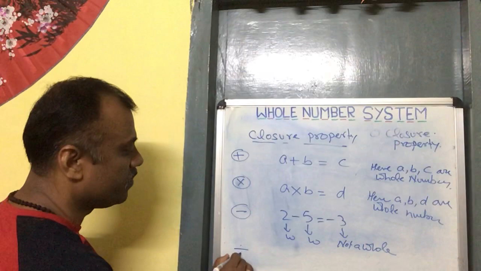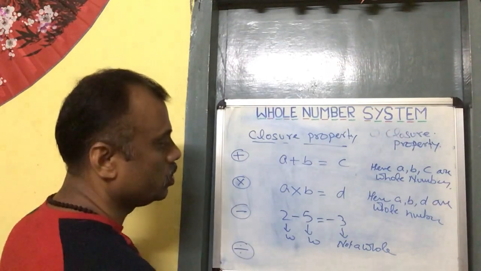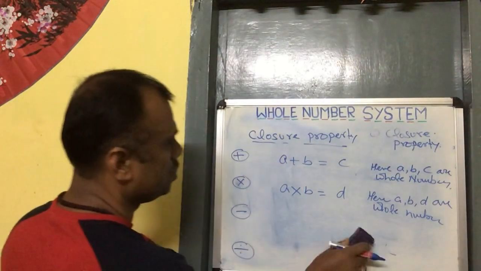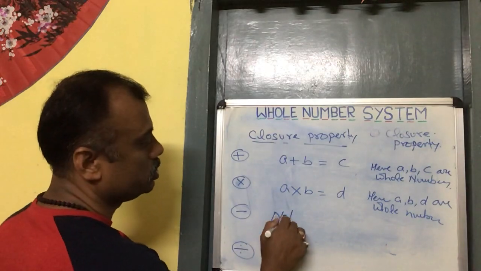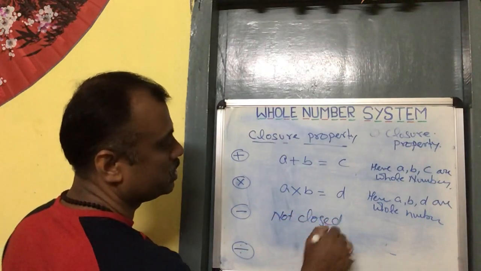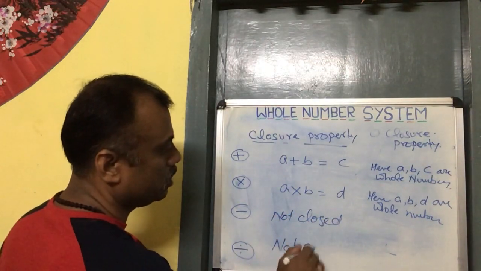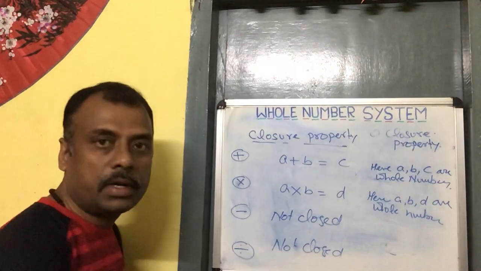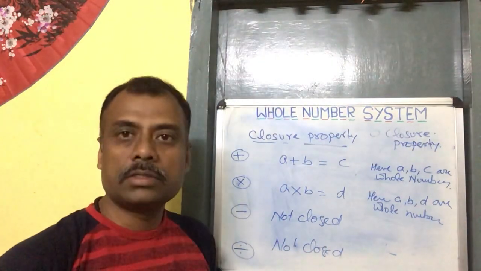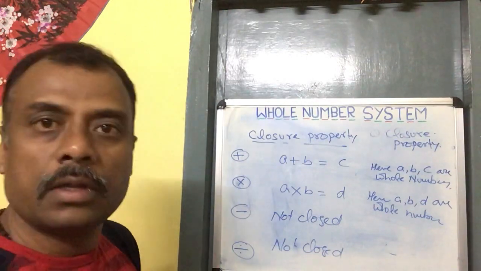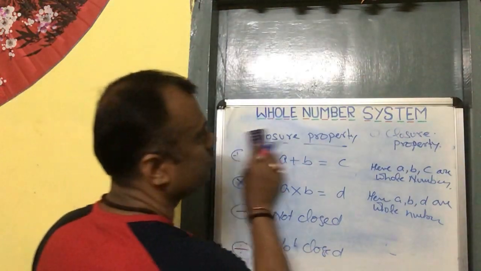Similarly, if you verify for division, it is also not closed. Not closed for subtraction and not closed for division. Okay, let us go to another property of the whole numbers, that is the commutative property.